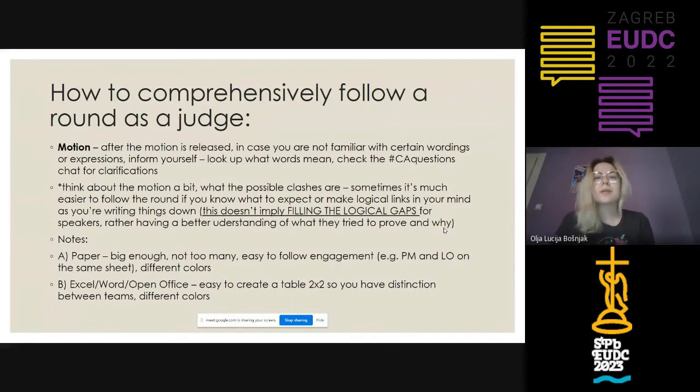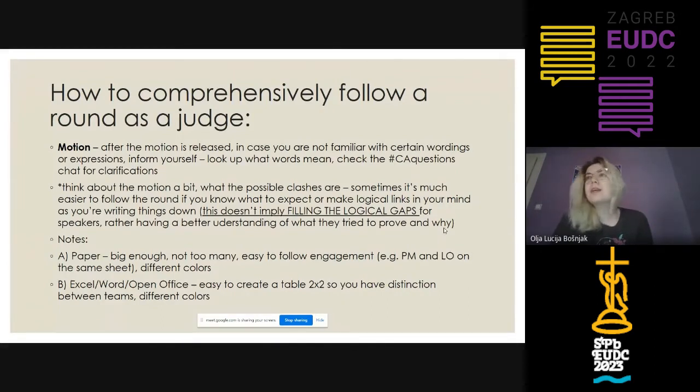Someone might say don't always do this, because you might find yourself filling in the logical gap for teams once the round starts. But to the extent that you're thinking about the round and knowing what to expect, personally I find that it makes it easier.